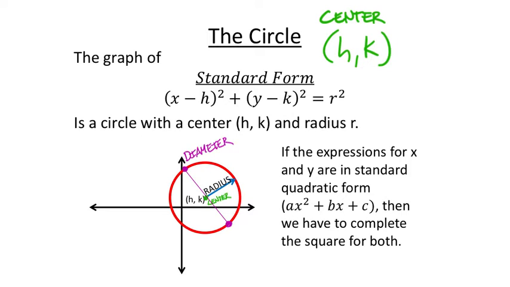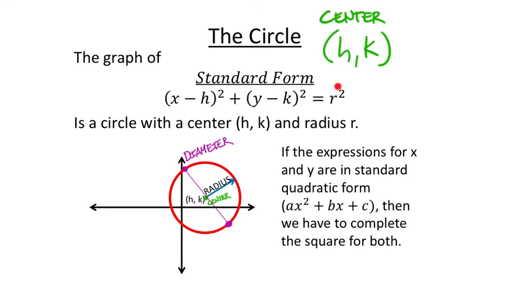The diameter, you can see, since it stretches from one end of the circle through the center to the other end, is double the radius. Or you could look at it the other way: if for some reason you have the diameter, the radius is half the diameter because it only goes from the center to the edge of the circle. I'm pointing out the diameter not really remembering if we're going to see any, but it's possible you could in the future. For the most part today, we're just looking at the radius.